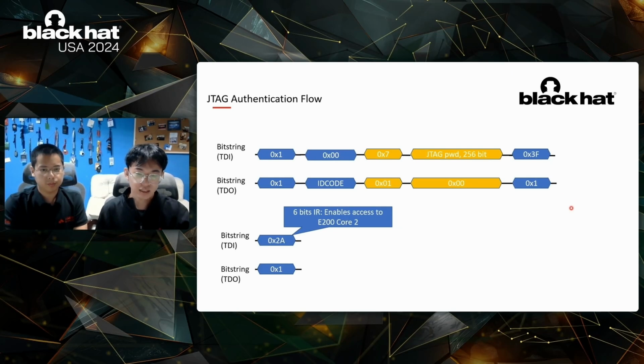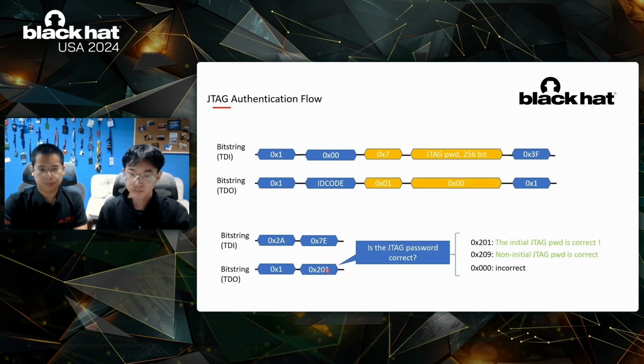Subsequently, the hex 2A instruction is issued to enable debug access to the e200z4, and from then on, all the instructions are 10-bit. UDE attempts to enable debug access to the chip to determine if the JTAG authentication has been successful.